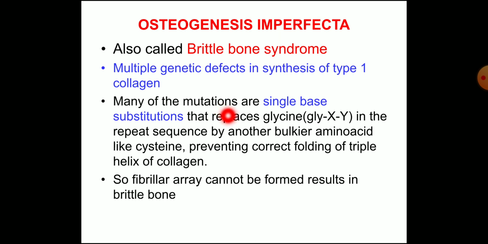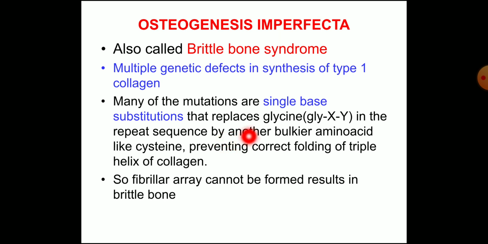Many of the mutations are single base substitutions that replace glycine in the repeat sequence with another bulkier amino acid like cysteine, which will prevent the correct folding of the triple helix. We have already discussed how the triple helix is formed, where the glycine forms the curve.